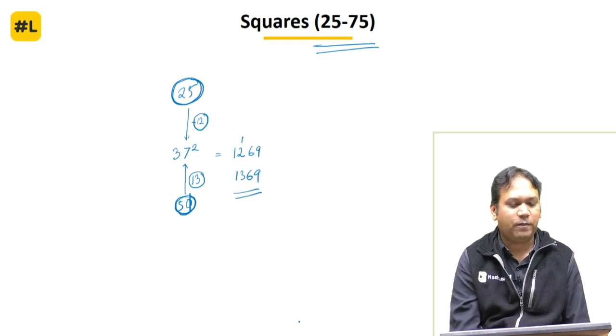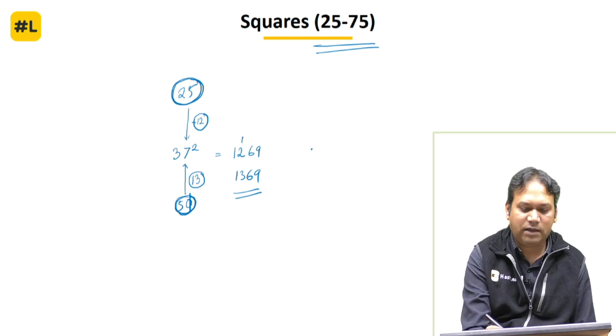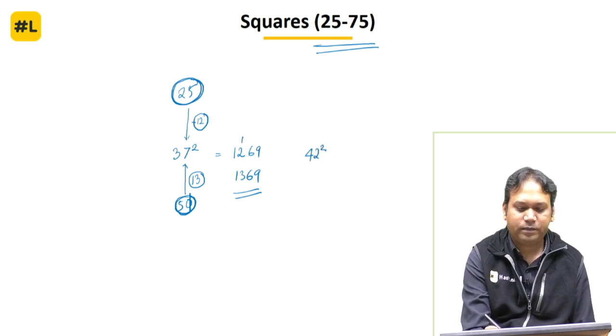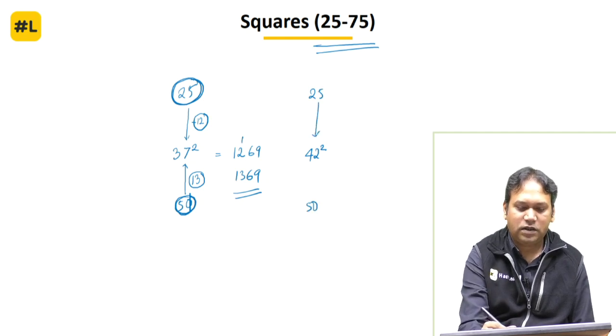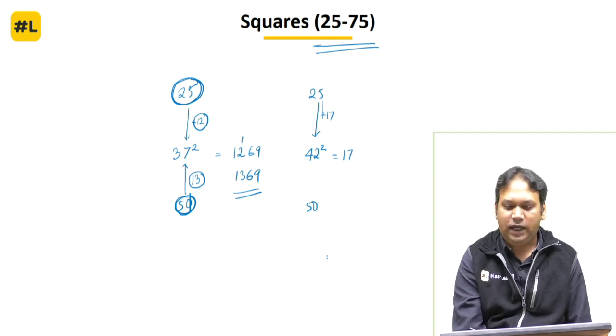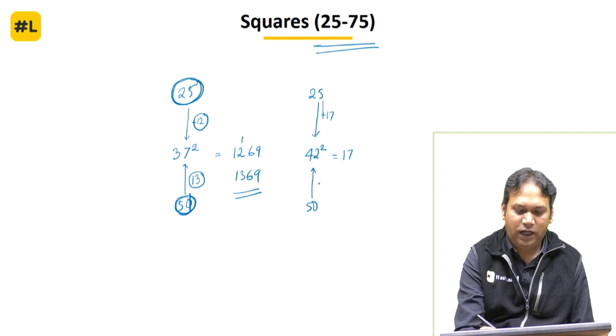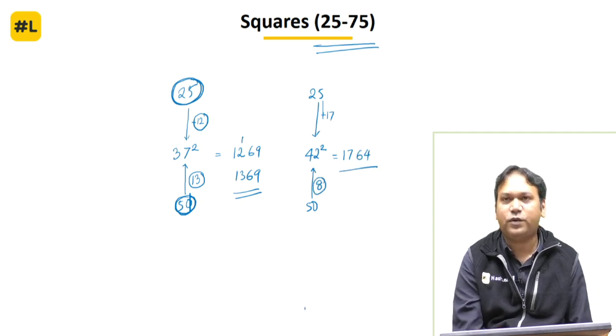Very simple technique. Let us take one more example, 42 square. 25, 50, difference from 25 is 17, 25 plus 17, and difference from 50, 8. What is 8 square? 64. What is the answer? 1764. Within seconds you will get the answer.